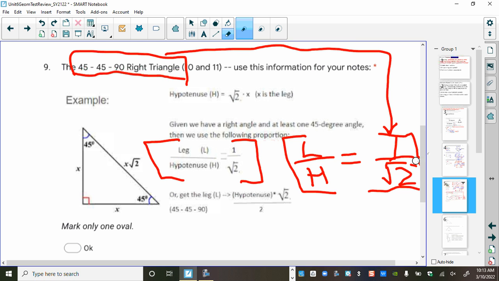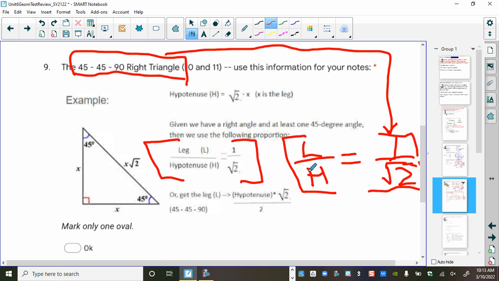You take 1 over the square root of 2. But the other part, remember, L is leg, hypotenuse H, but we have to identify. So in fact, here's what I want you to do.